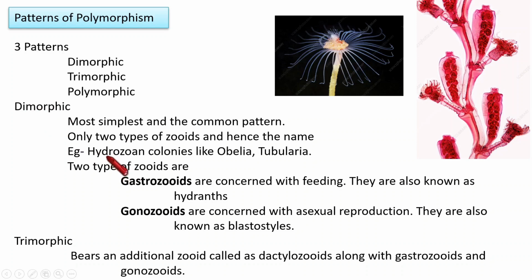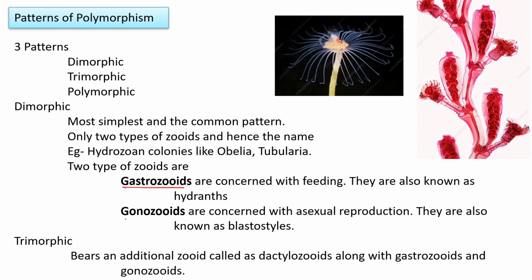In which organisms can we see this dimorphic type of polymorphism? Typical examples are hydrozoan colonies. In class Hydrozoa, examples such as Obelia and Tubularia show dimorphic polymorphism. In it, two types of zooids are usually seen: gastrozooids and gonozooids.